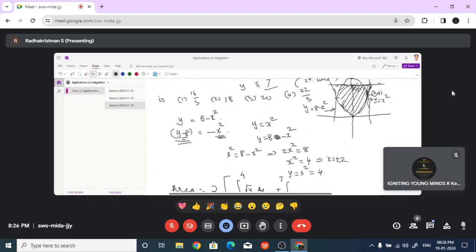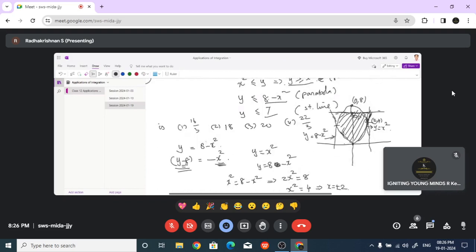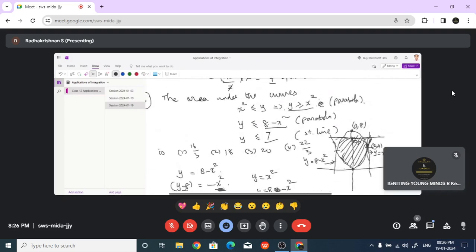The other range, because in this range we have seen that x equal to root y. In this range, x square equal to 8 minus y, x equal to root of 8 minus y.